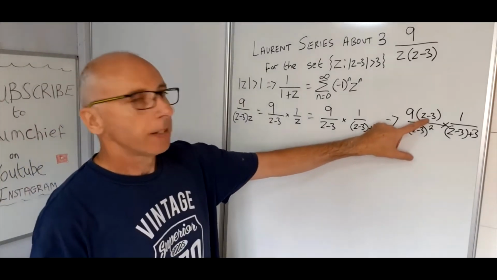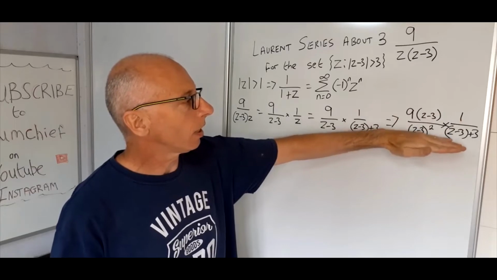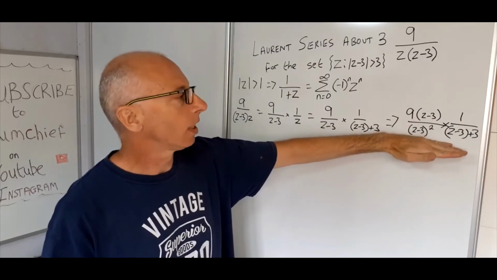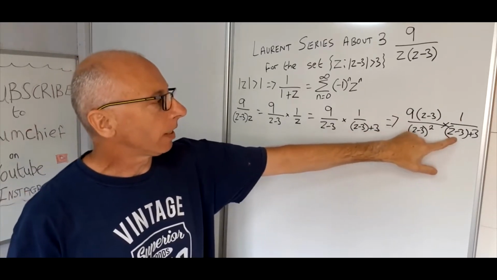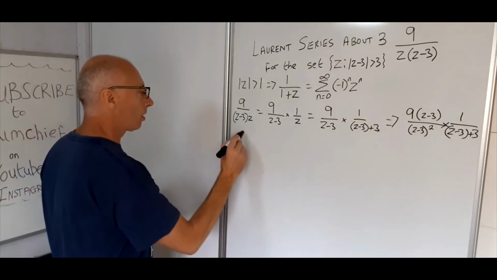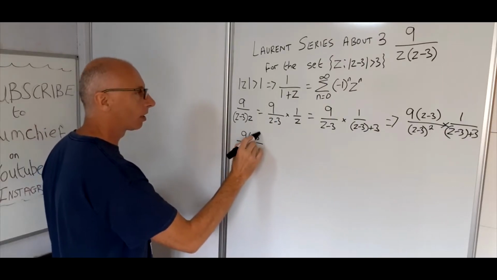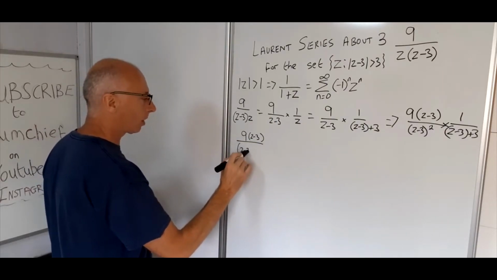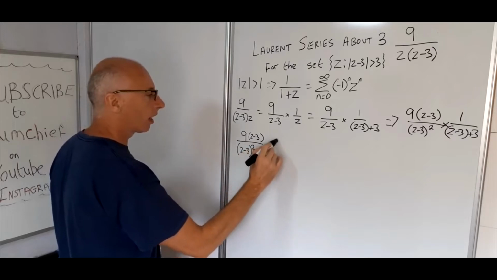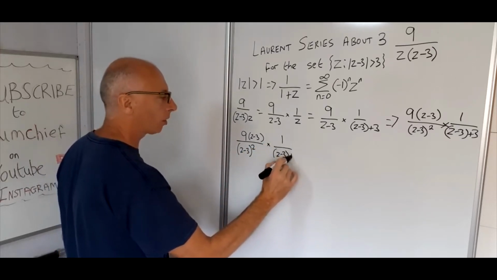Okay, so now this z minus 3 on the top, if we divide the top by z minus 3 and the bottom by z minus 3, then that will yield something different here. So let's just have a look at that. So 9, I'm still going to write the z minus 3, z minus 3 squared, and then 1 over z minus 3 plus 3.